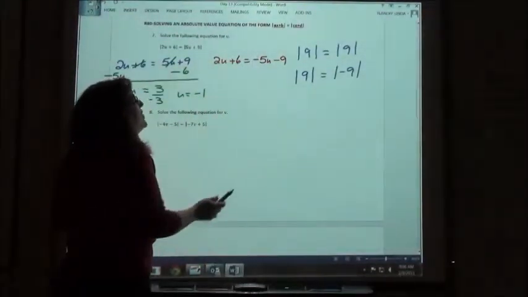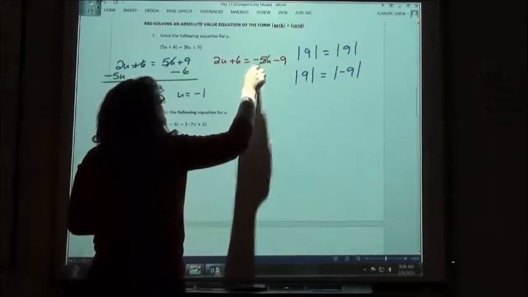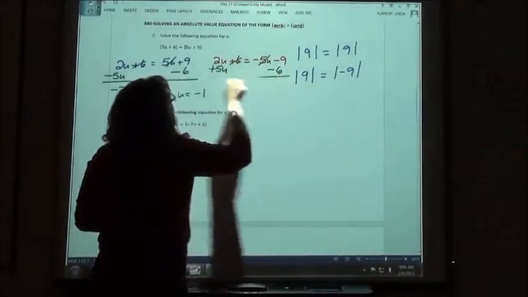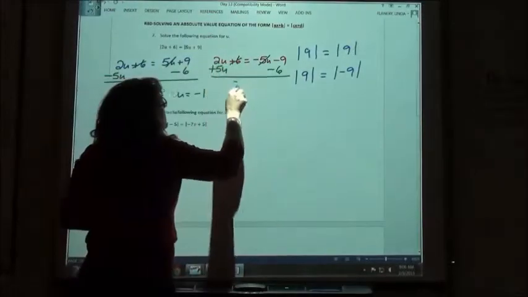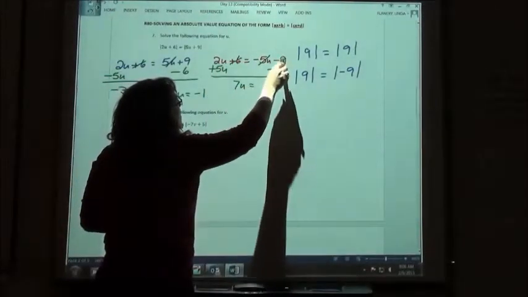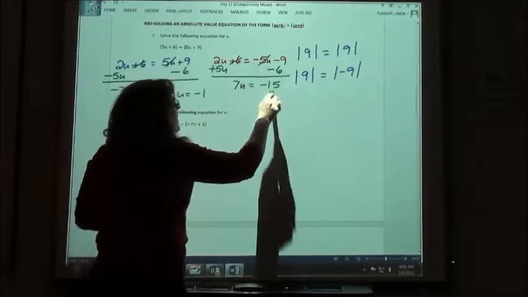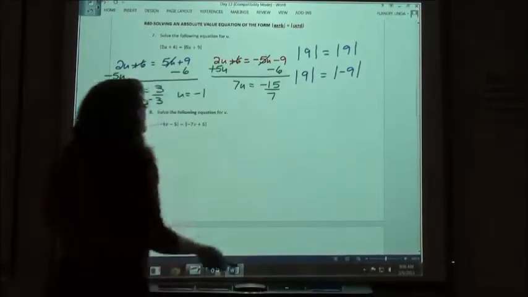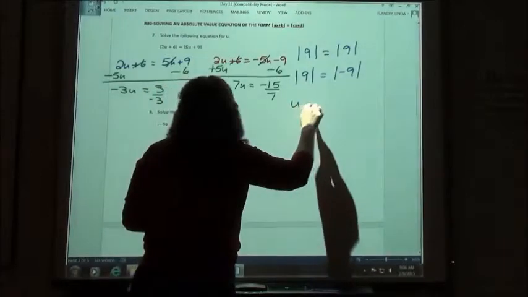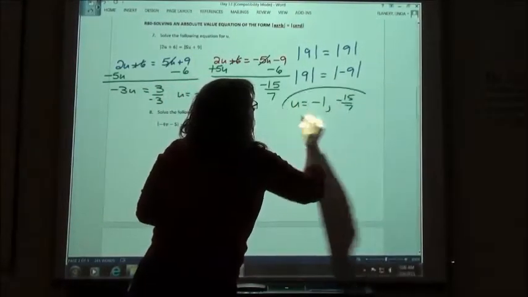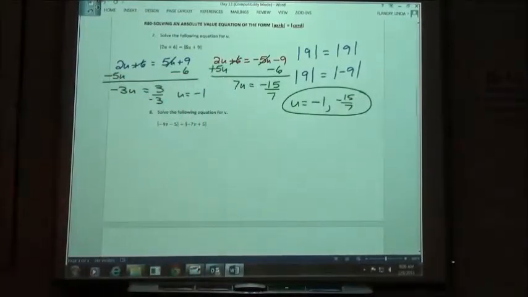On the second side, solving that, I got to move this over here, so I'm going to add my 5u and minus my 6. 2 plus 5 would give me 7u. Negative 9 plus a negative 6 is a negative 15. I'm going to get a fraction, that's okay. So my two answers, u could be negative 1 or negative 15 sevenths. And there I have my two solutions.